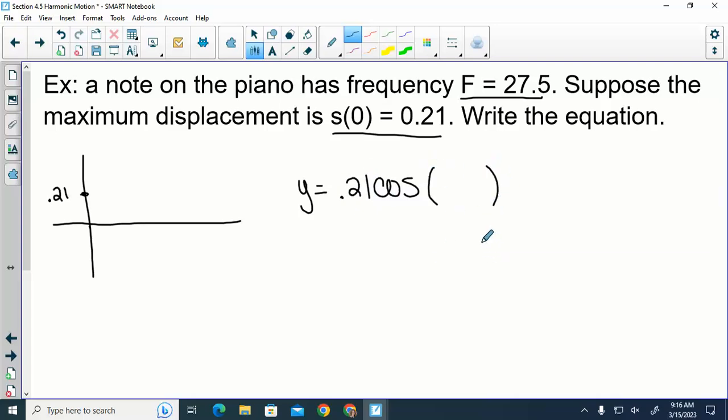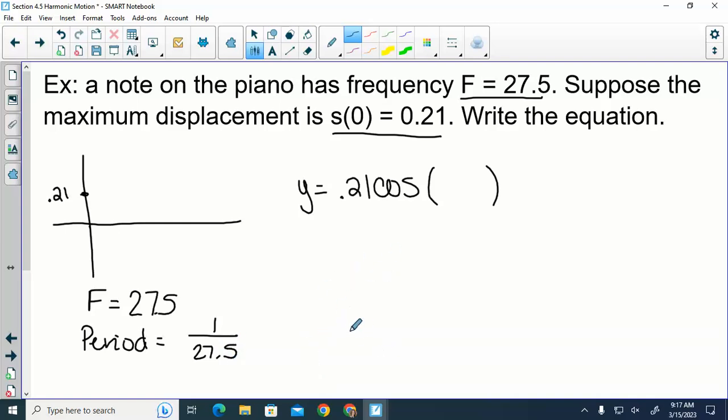So now we have to figure out this angle. So I give you the frequency. If the frequency is 27.5, then that means my period is 1 over that, right? Because I told you they're reciprocals.